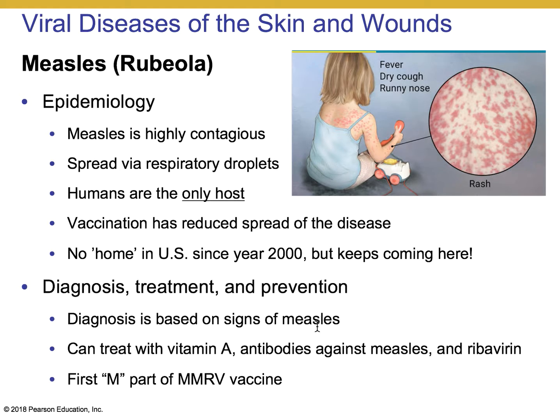So diagnosis is based upon the signs of measles, specifically the Koplik spots, which are diagnostic. Some ways to treat it: of course, not being a bacterial disease, regular antibiotics aren't effective, but some antiviral drugs and antibodies can be used to treat cases of measles.